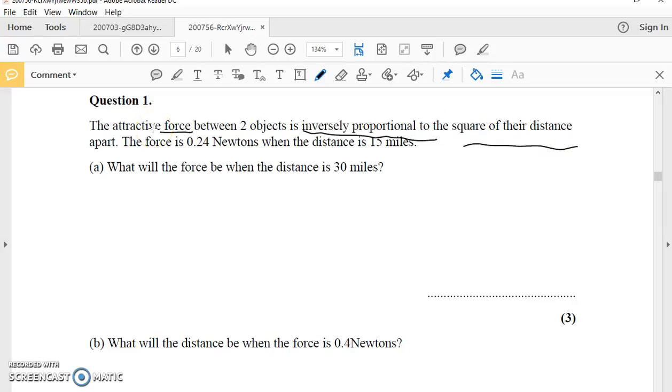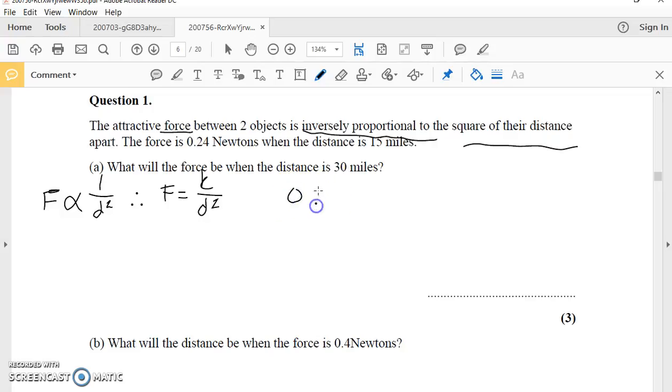Okay? So that means that if I were to write it, I would have force is proportional to 1 over d squared, or F equals k over d squared. Okay? And from there, I can then plug in my values to find out what my k value is.